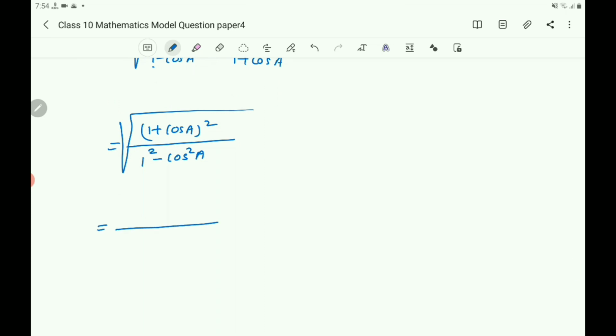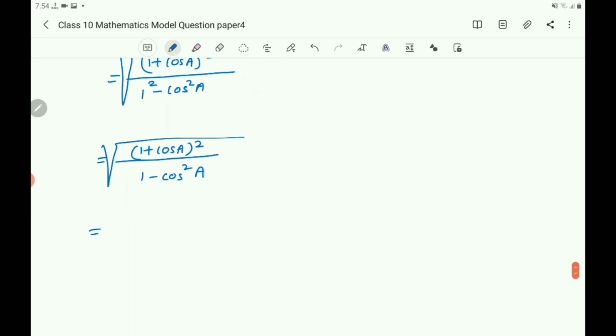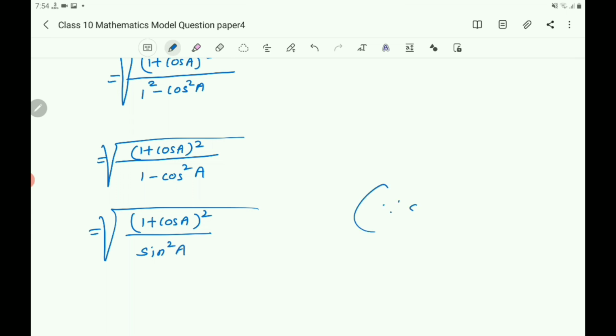Then it is 1 minus cos square A, that equals whole root 1 plus cos A whole square. 1 minus cos square A is sin square A. You know that, because sin square A plus cos square A equals 1.